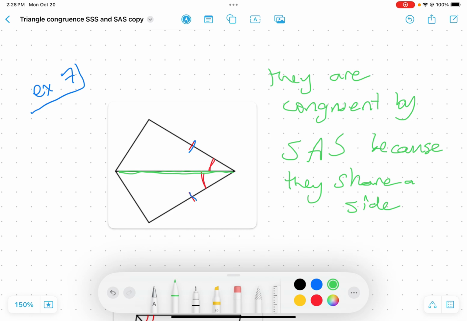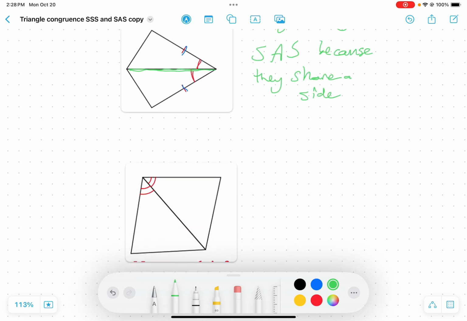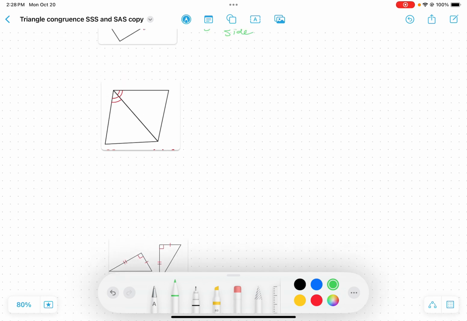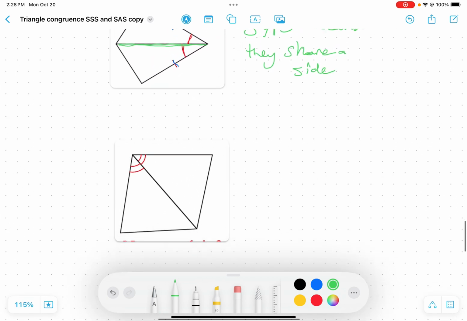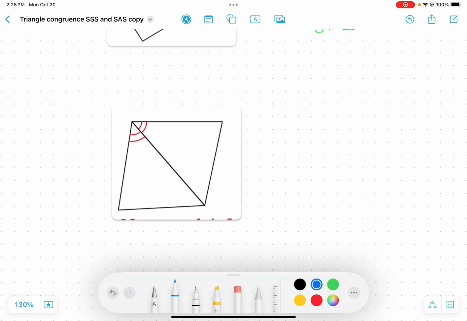Okay, I have 2 more examples for you guys to try, and then we'll practice it more in class. So copy this down and see if there's enough information that they're telling you to see if the triangles are congruent or not. So they're telling me that these angles match, so that's 1 angle, and then I can see that they share this side.